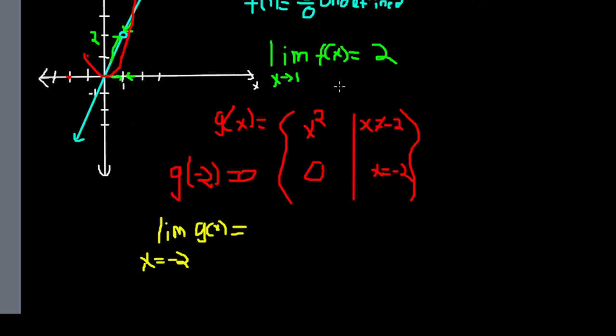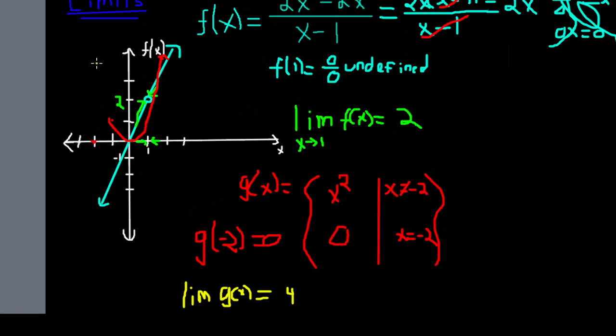Because we're near negative 2, so we're like negative 2.001, and that's not negative 2. So we can just plug it into this section because it's not negative 2. So negative 2 squared is 4. So that means we're going to have a hole at negative 2, comma 4.